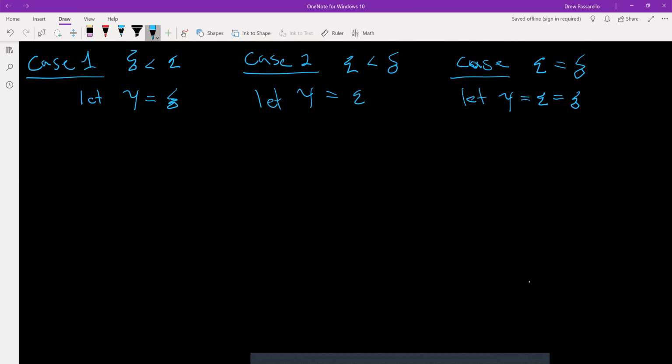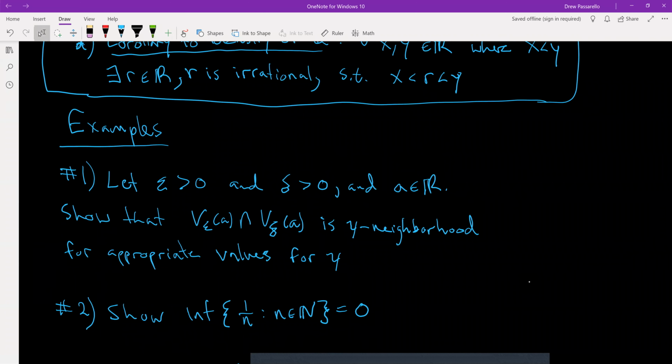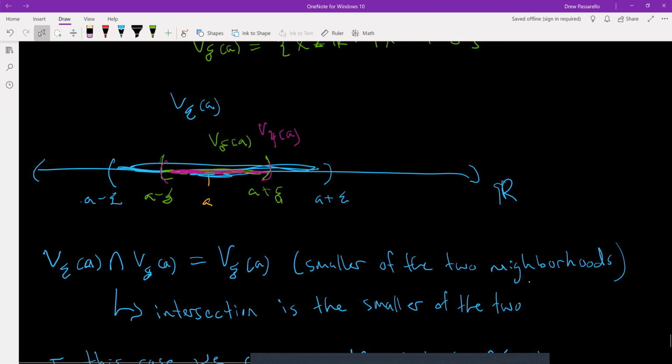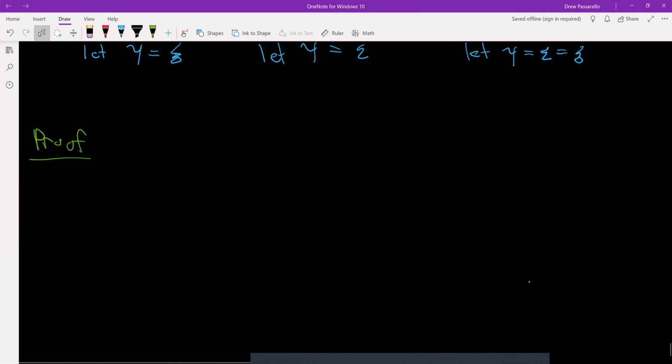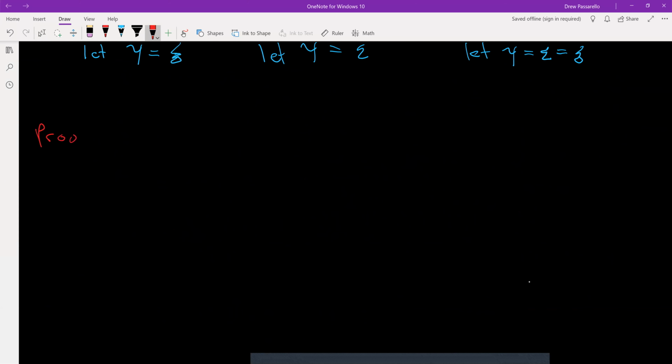So for the proof, let's make this all formal. Again, the problem: we have epsilon greater than 0, delta greater than 0, and a is a real number. I'll just do the proof itself in red. So let epsilon be greater than 0, delta be greater than 0, and a be a real number.